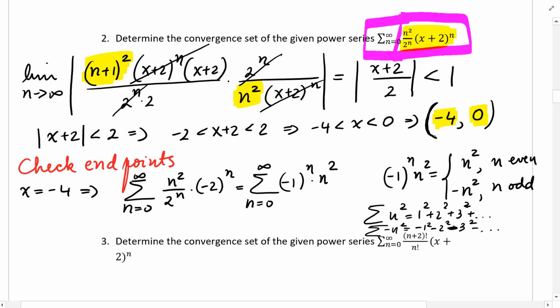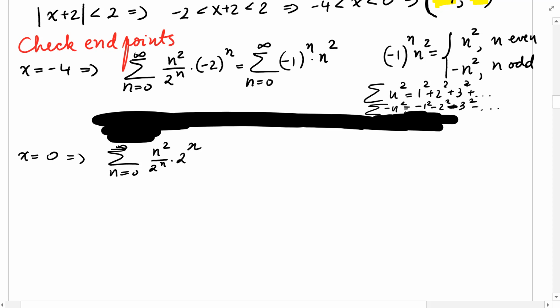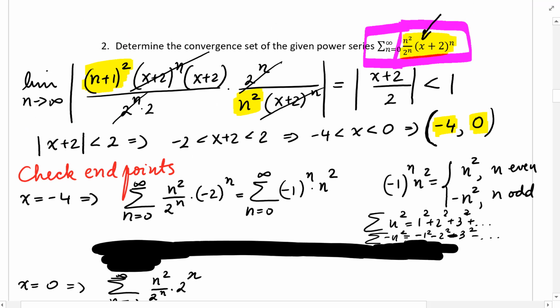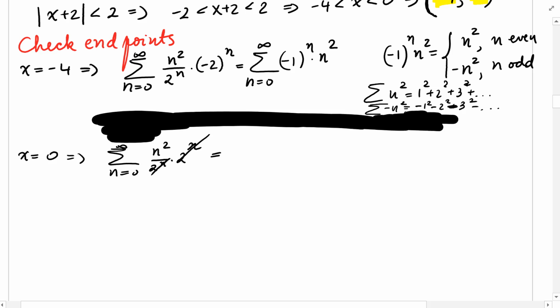Now let's check what happens at the other endpoint, at x equals 0. The power series becomes the sum as n equals 0 to infinity of n squared over 2 to the n times 2 to the n. Just imagine that here, instead of x, this time you put 0. So these two cancel and we end up with 1 squared plus 2 squared plus 3 squared plus and so on, for which we know that S sub n is n times (n plus 1) times (2n plus 1) over 6.